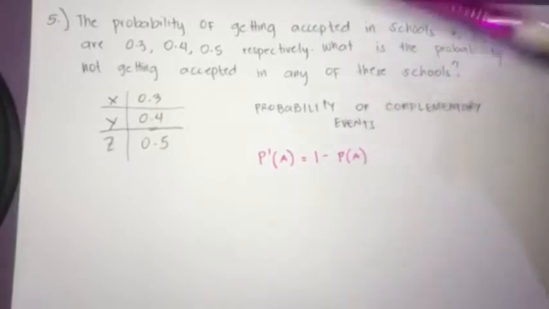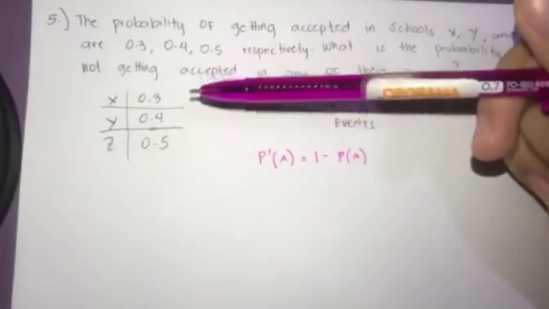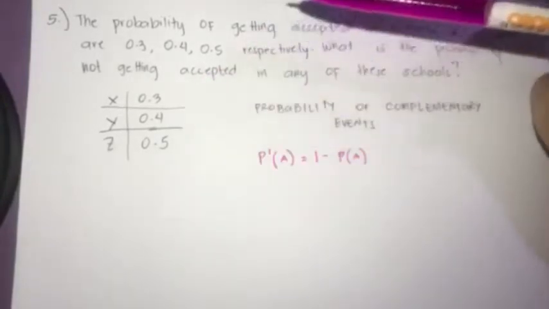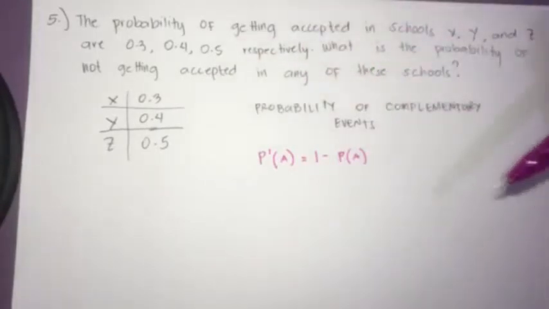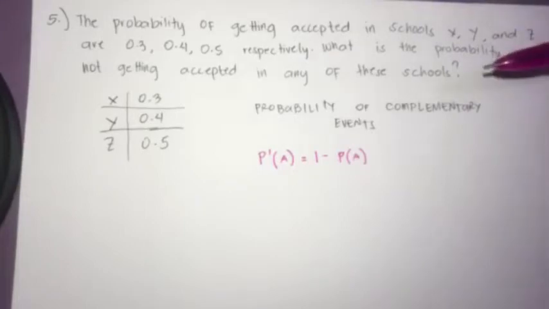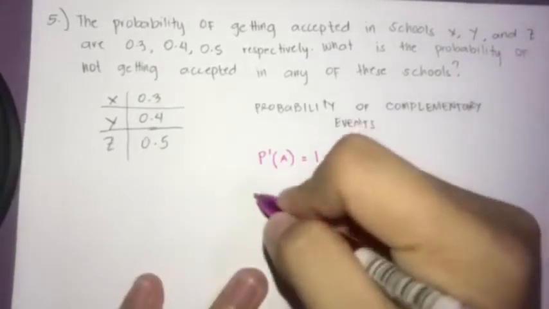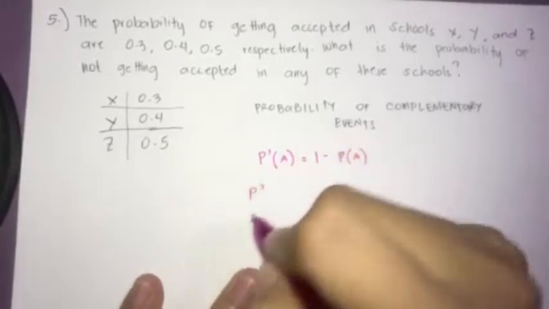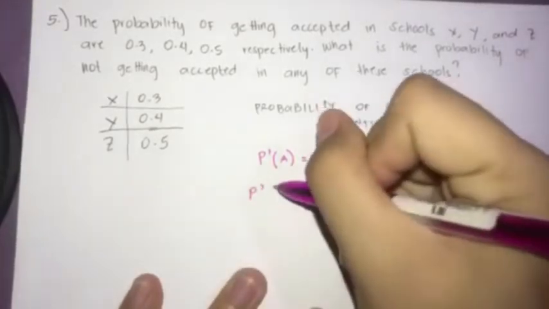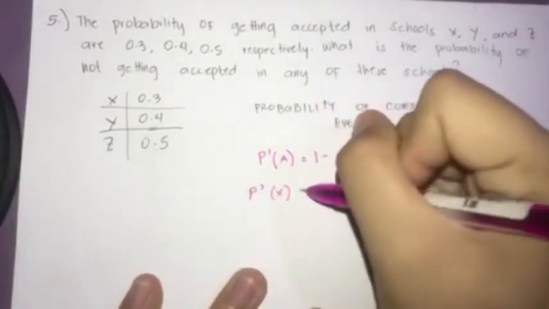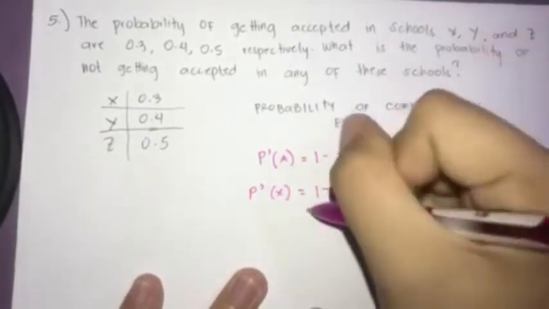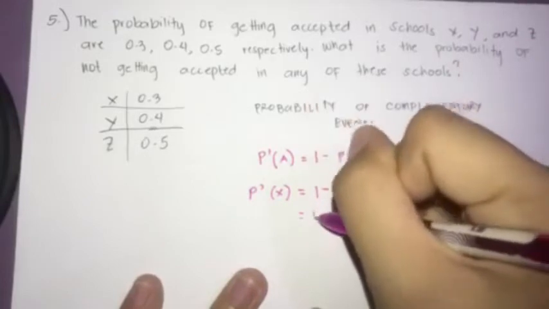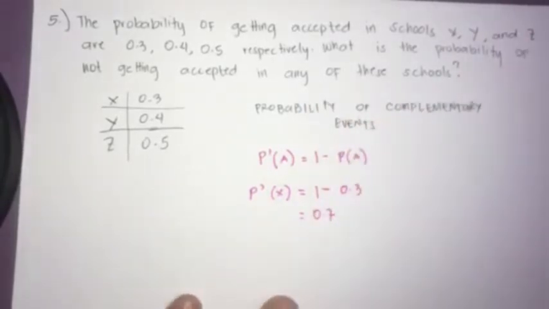So we just subtract the probabilities of X, Y, and Z from 1 to get the probability that they will not be accepted in these schools. For X, the probability of the complement of X is 1 minus 0.3, which is equal to 0.7.